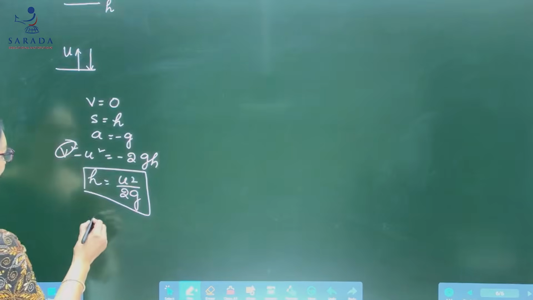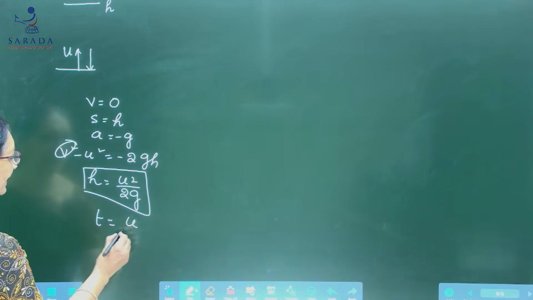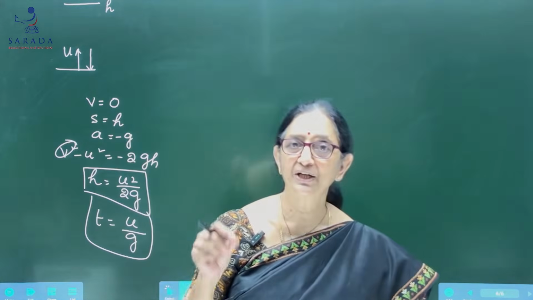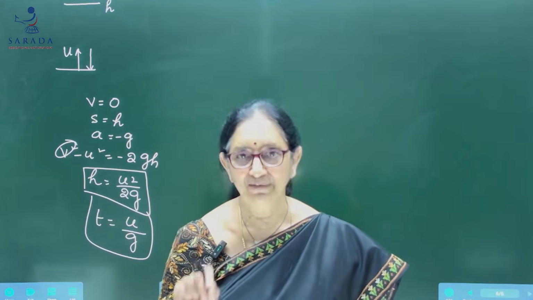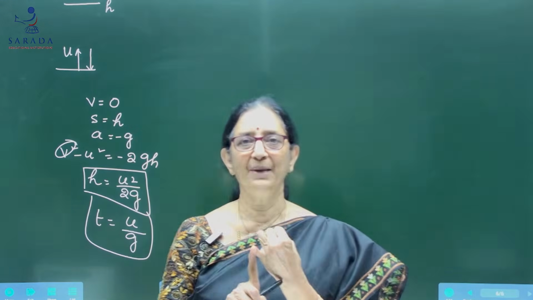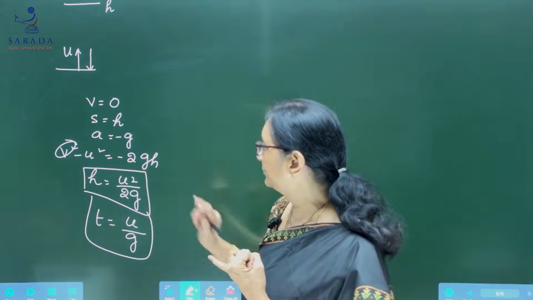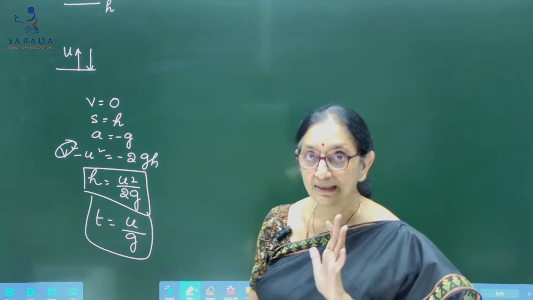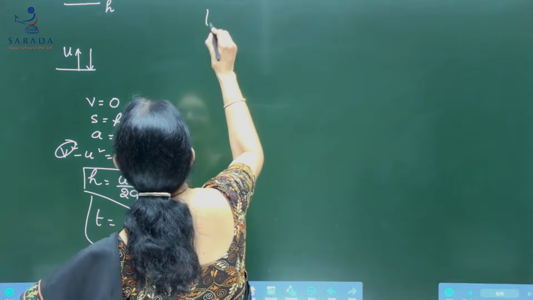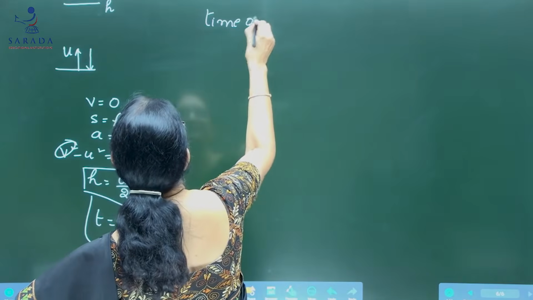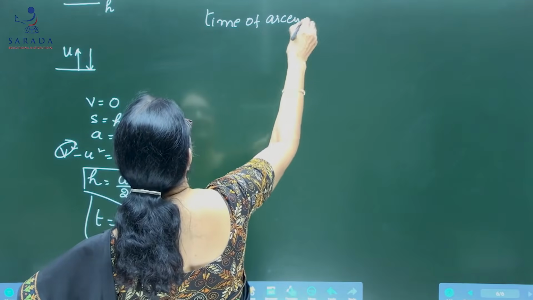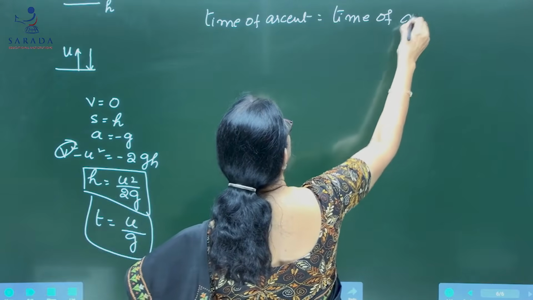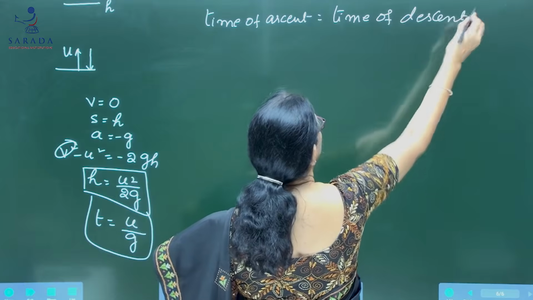Now, similarly, time of ascent is proved as u by g. So, in case of a body projected vertically up with a velocity u, maximum height reached is u square by 2g, time of ascent is u by g. That is already derived. Now, we are going to prove time of ascent is equal to time of descent.